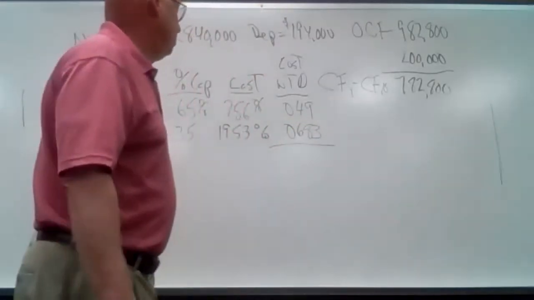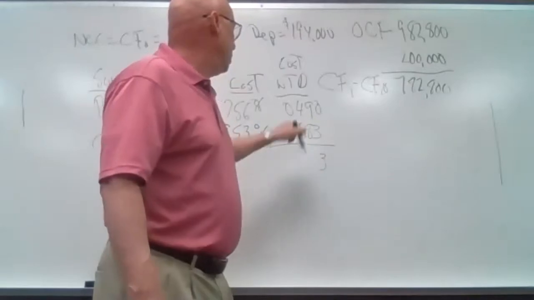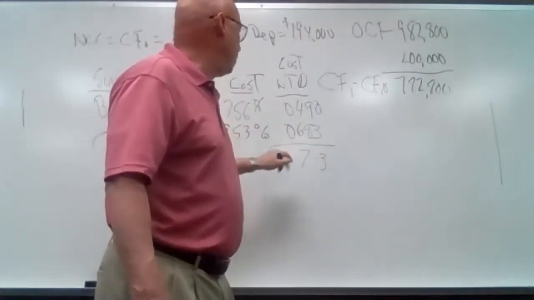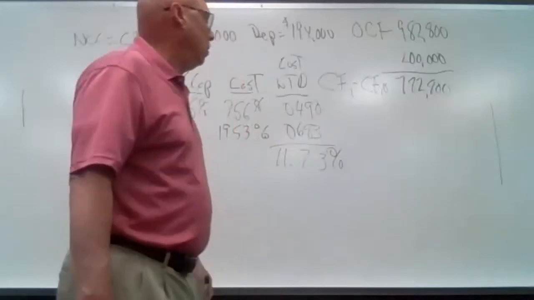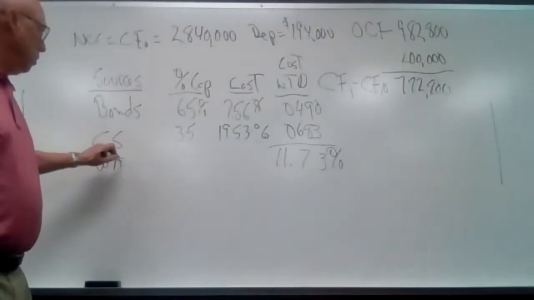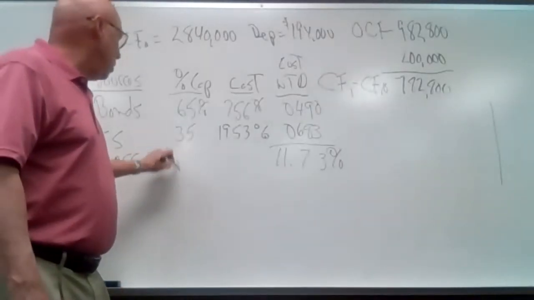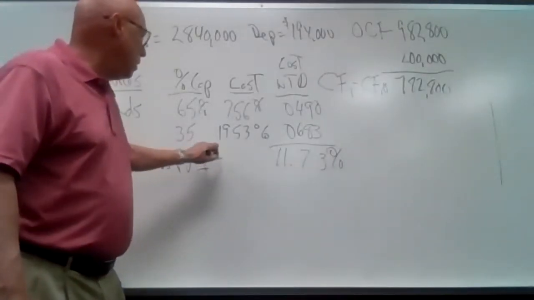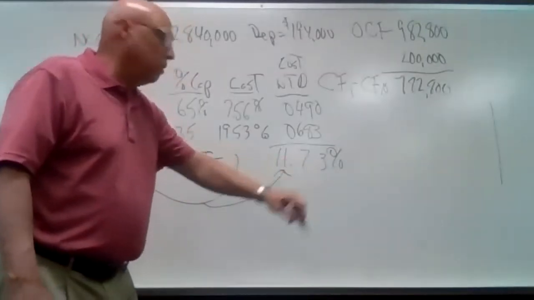Let's add them up. Okay. So we have 3, 9 and 8 is 17, 1 and 4 is 5, 5 and 6 is 11. 11.73%. What is that? That's the WACC. NPV I equals the WACC, which is that number.